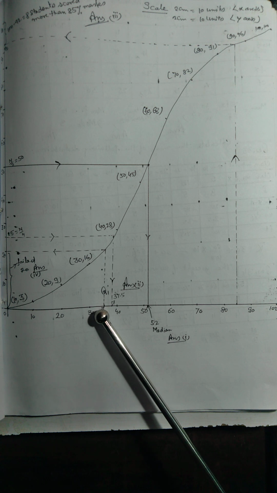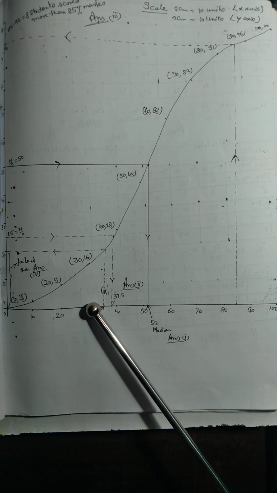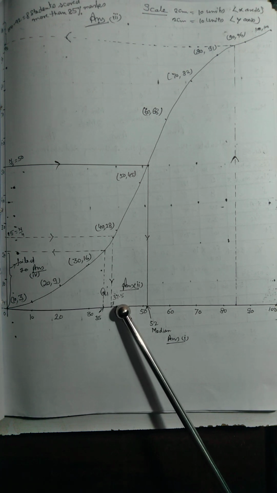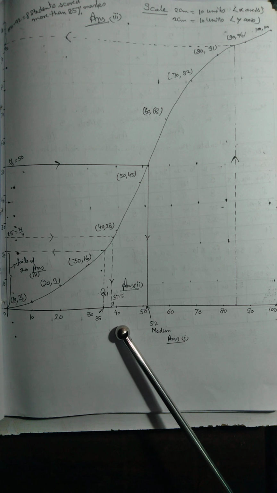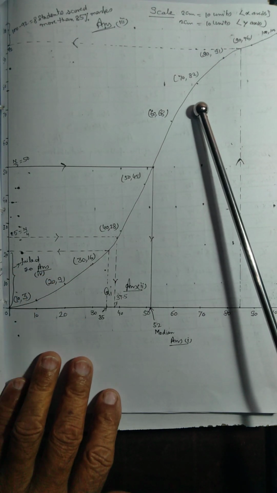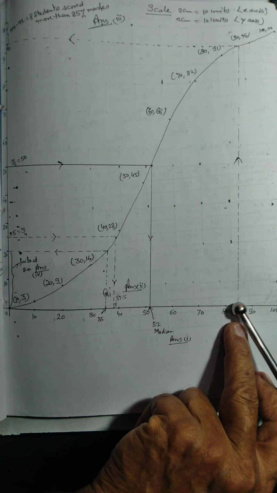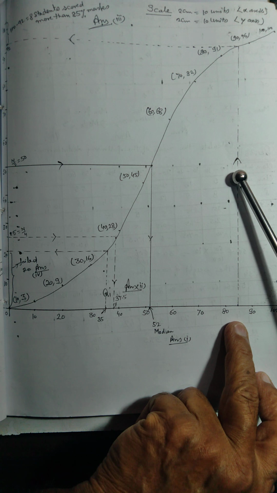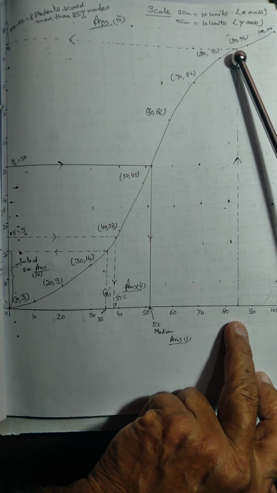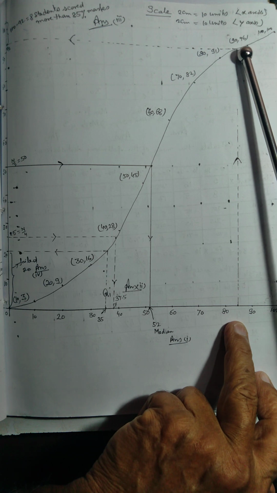Now the second question is, number of students who obtained more than 85% marks. More than 85% marks. You see here, from 85% marks we draw a line parallel to the y-axis that intersects the ogive curve at this point.